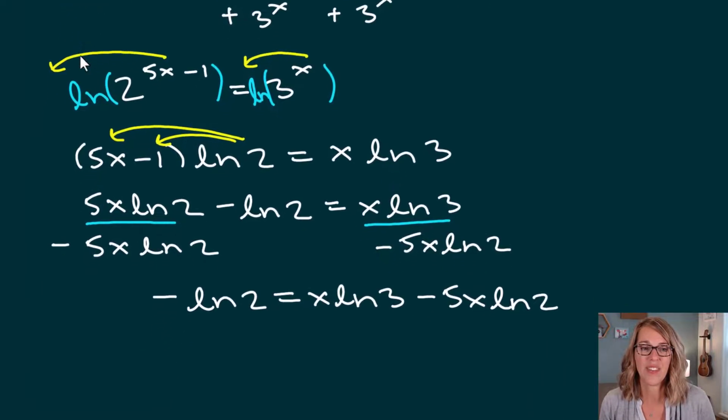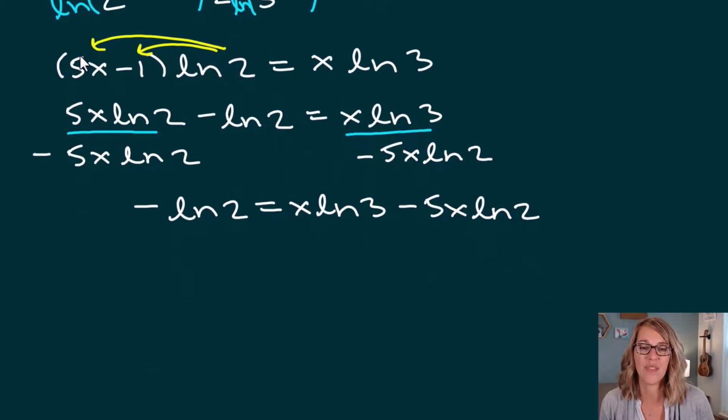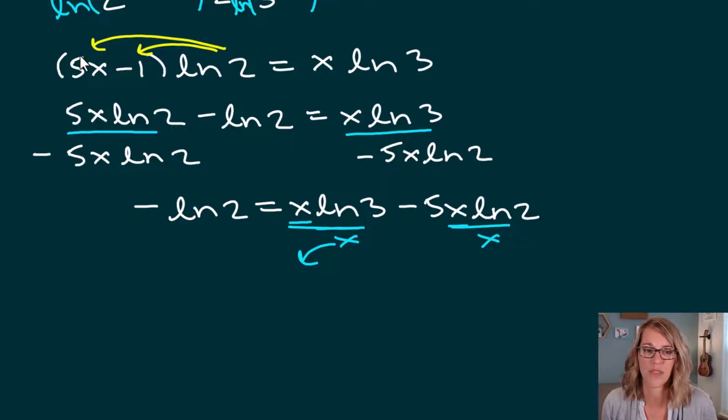What I'm going to need to do next here is to factor out that x. I don't want a couple of x's, I want just a single x. So I've got an x here and an x here. I'm going to divide both of these by that x, and then I'm going to move the x out in front. You can just think of this as factoring that x out in front.